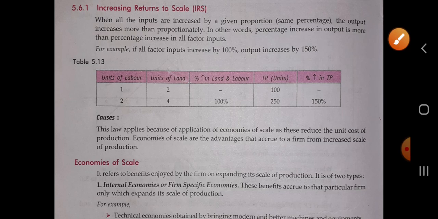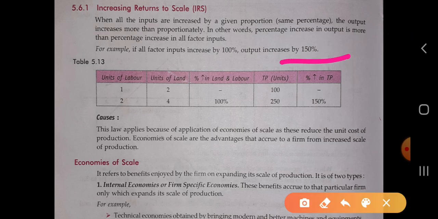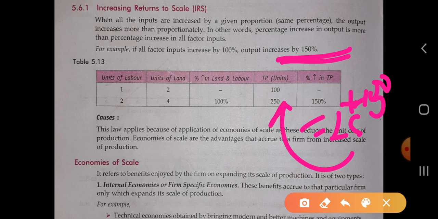So when there is the first unit of labor and second unit of land, the total product is 100, but when a firm hires 2 units of labor, when a firm increases the units of labor and land, first land and labor increase by 100%, but now total product is increased by 250% because there is an increase in the total product by 150. So 150 plus 100 becomes 250, which is this number.